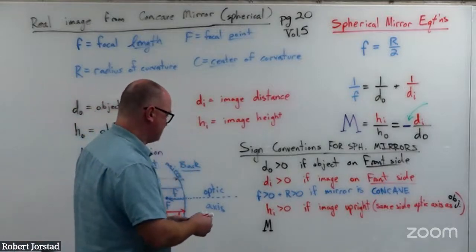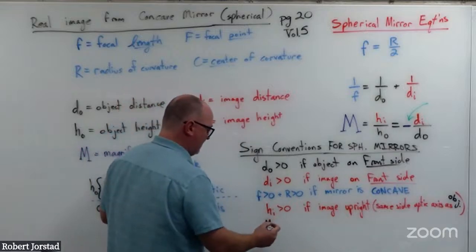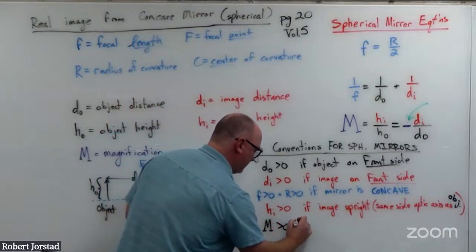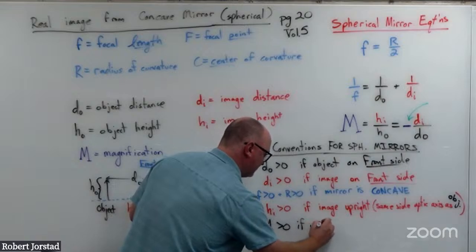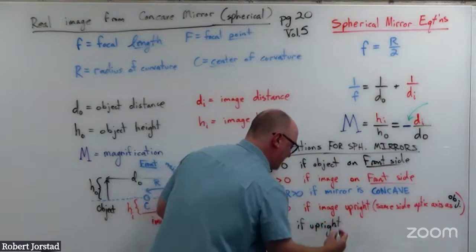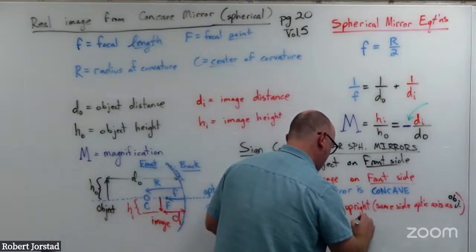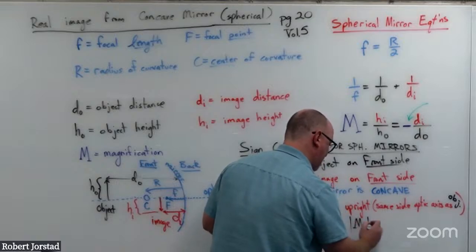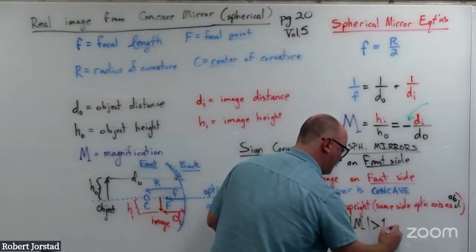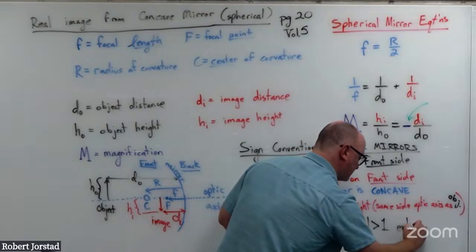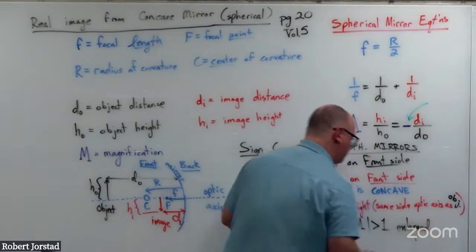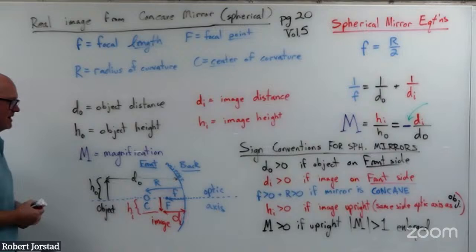So yeah, anyways. All right, and then what did I want to say about magnification here? M is greater than 0 if upright. And there was a second thing. If I take the absolute value, M greater than 1 means enlarged. Let me explain what I mean by that again.